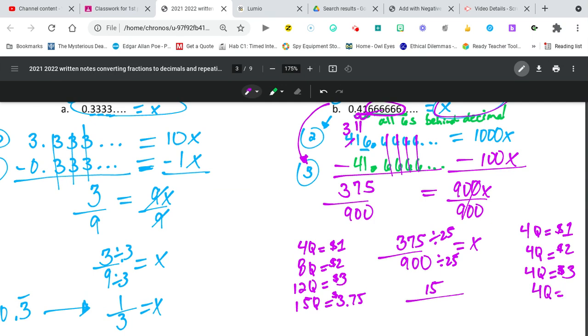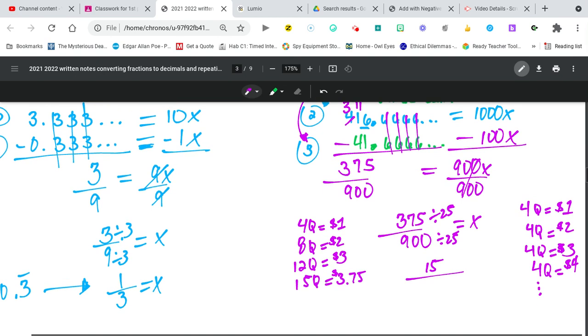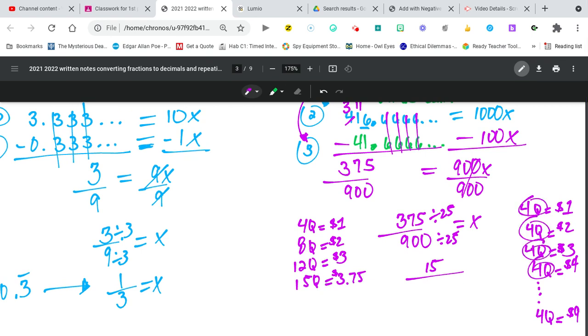And I'm not going to keep writing this out, guys. So we'll have to have 4, not 1, 2, 3, 4, but 9 times. 1, 2, 3, 4, 5, 6, 7, 8, 9. Okay, total of 9. So if I got 4 nine times, that means I have 36.